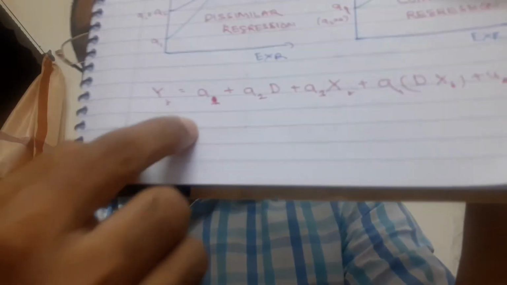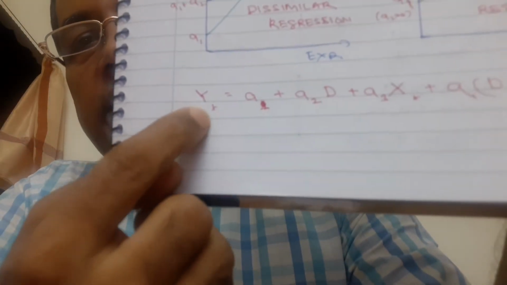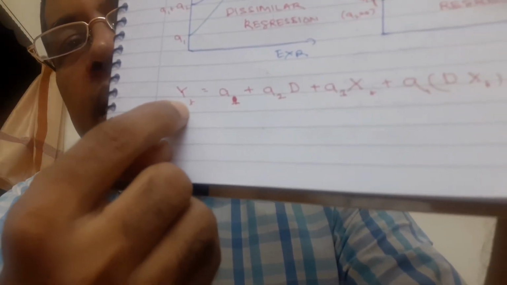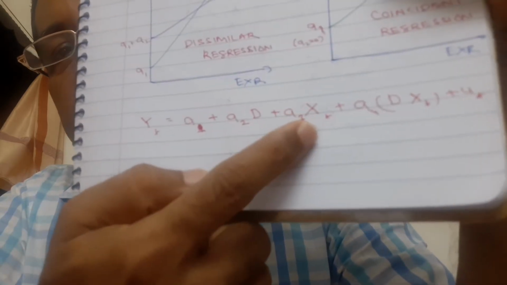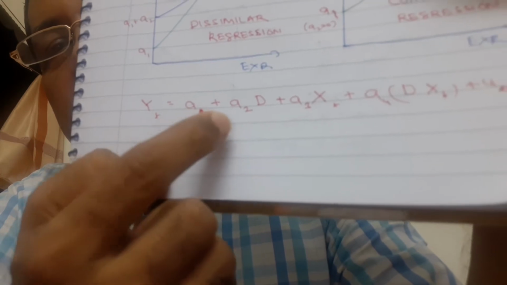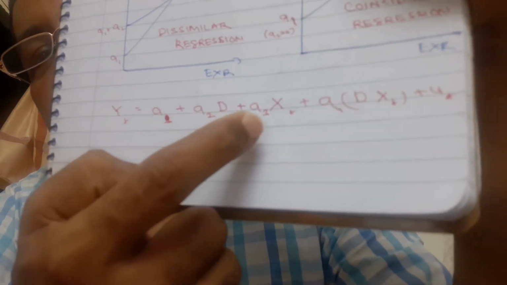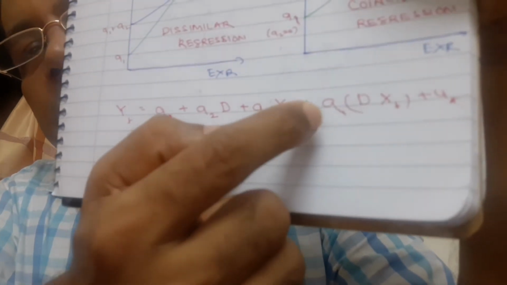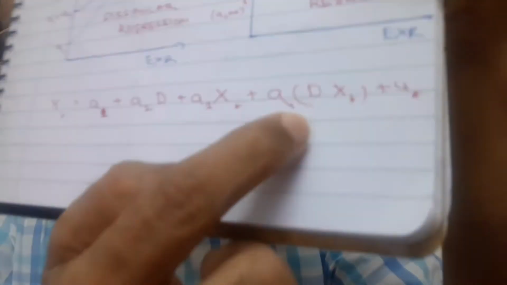Okay, so for that maybe I can run an equation like this, where yt is my dependent variable and maybe xt is my explanatory variable. So the model may look like a1 plus a2 D plus a3 x plus a4 Dx.